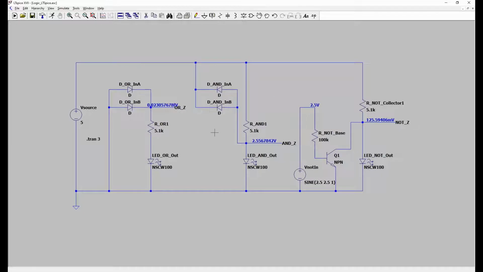The OR gates and the AND gates are a little more complex in that with 2 inputs you have 4 combinations that need to be tested. Now you could cheap out and do a single source to a single input and just tie the other input to either 5 volts or 0 volts and do a simulation of both.